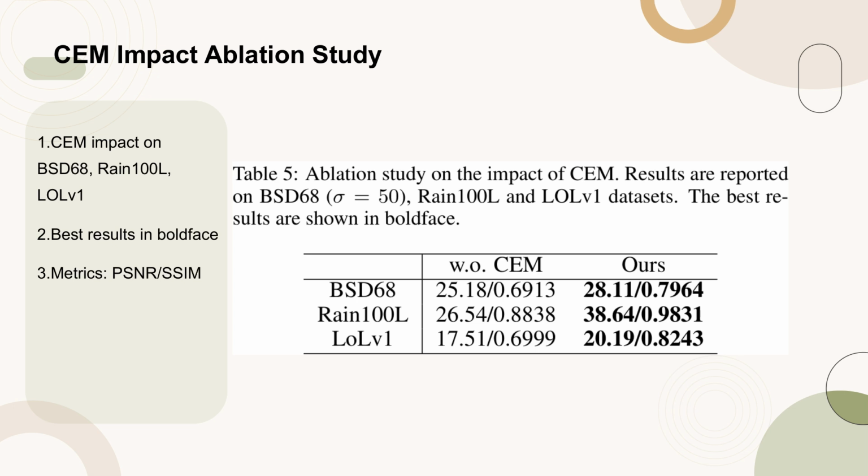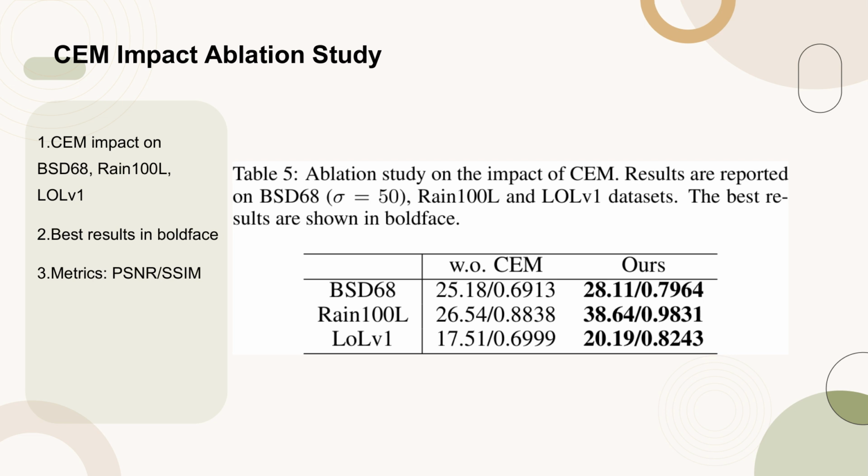For instance, on the BSD68 dataset with a noise level of sigma equals 50, the inclusion of CEM significantly improves the PSNR from 25.18 to 28.11 and the SSIM from 0.6913 to 0.7964. Similarly, for the Rain100L dataset, the PSNR improves from 26.54 to 38.64 and the SSIM from 0.8838 to 0.9831.